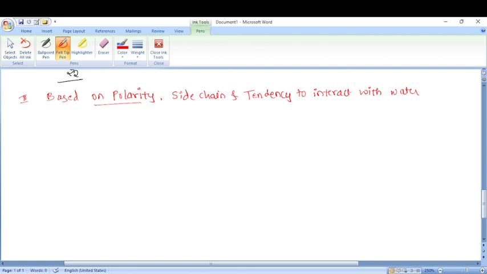Based on these things, the standard amino acids are classified.